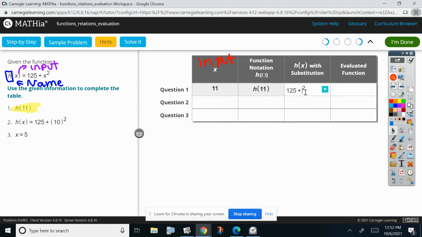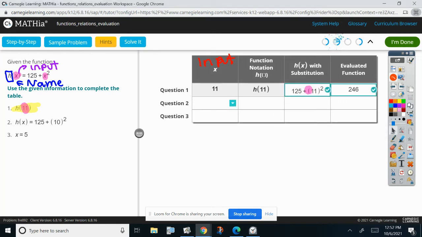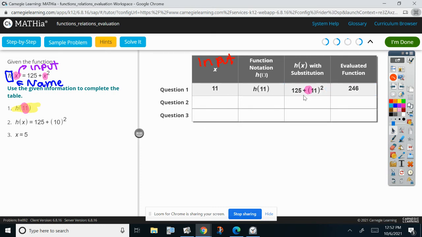It's parentheses 11. So I took my rule, and for my input of x, I changed the input. Enter. There you go.